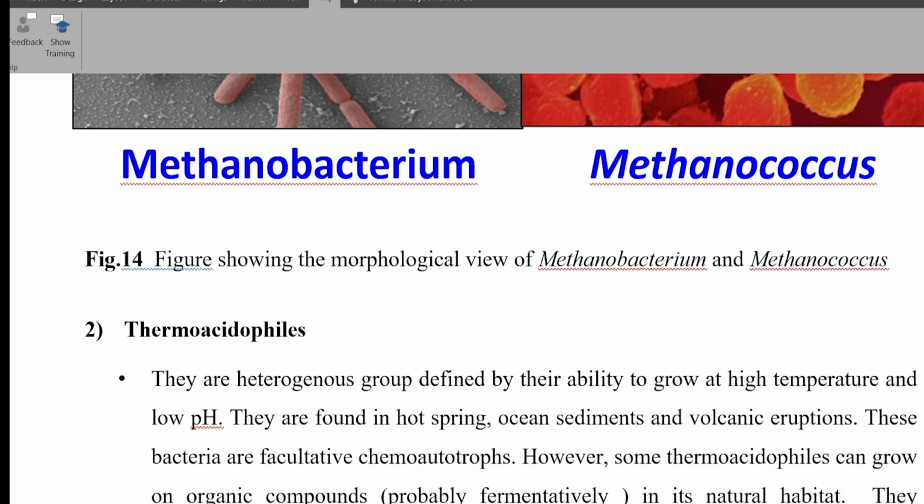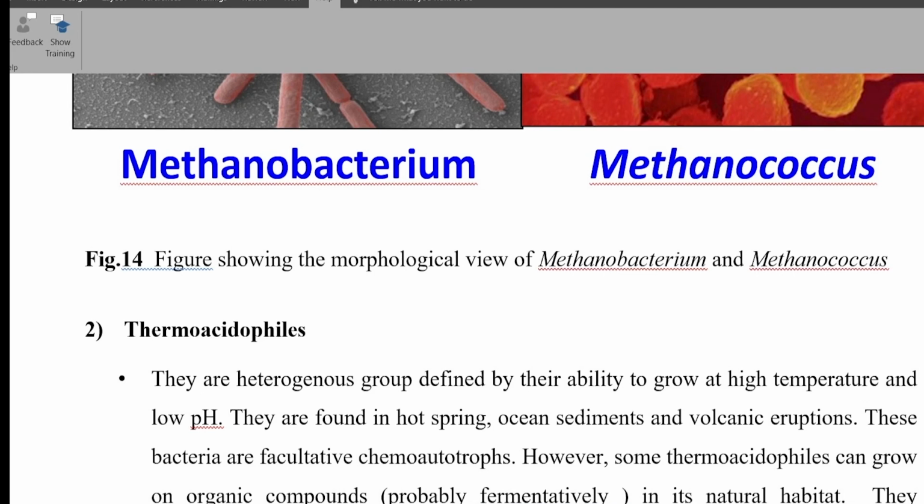The second group of the archaebacteria is the thermoacidophiles. They are very unique in their habitat. They are a heterogeneous group defined by their ability to grow at high temperature and low pH.